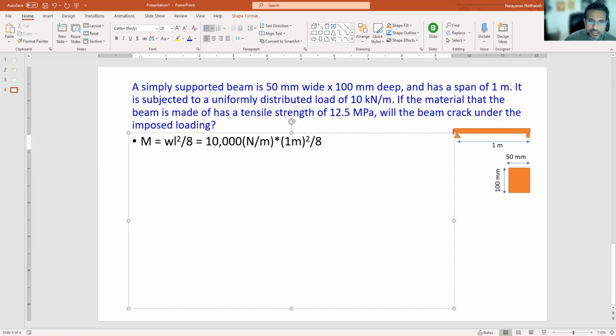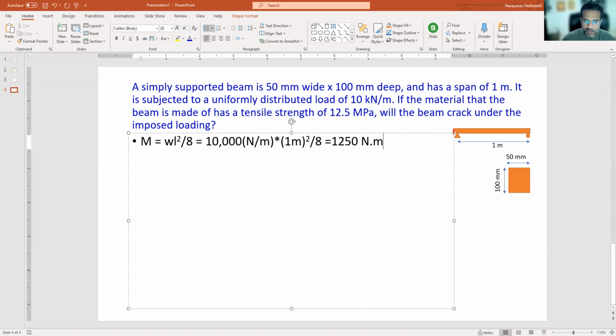So you will get 10,000 times 1 square over 8, which is, let me do the calculations quickly, 10,000 over 8, 1,250, 1,250 Newton meter, correct?